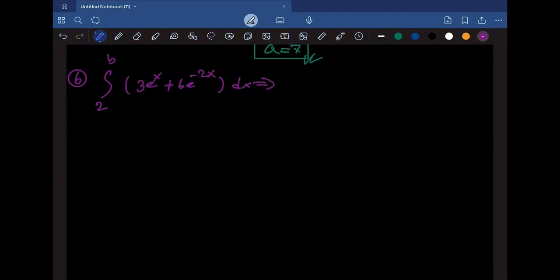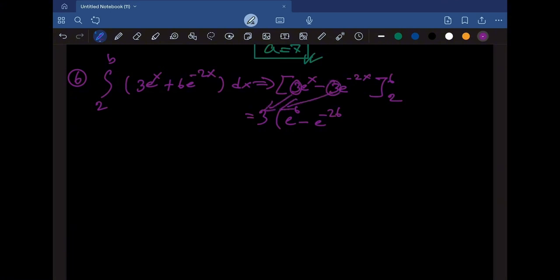So it can be written as 3 e to the power of x minus 3 e to the power of minus 2x, from b to 2, right? Then we can bring this 3 out, and write e to the power of b minus e to the power of minus 2b. We have taken the 3 out, so it remains only e to the power of x minus e to the power of minus 2x, and we have replaced it with this b.